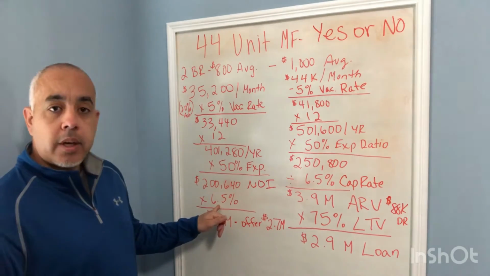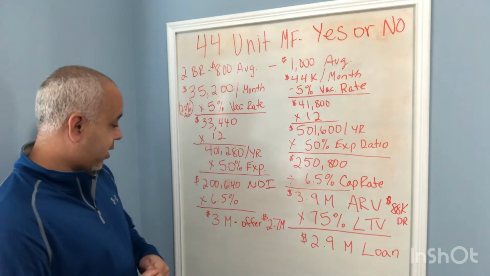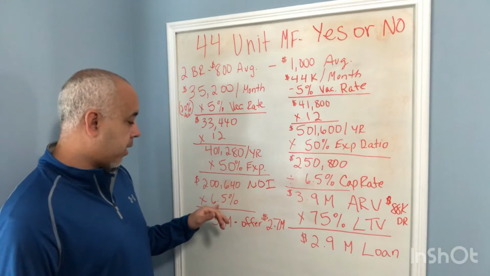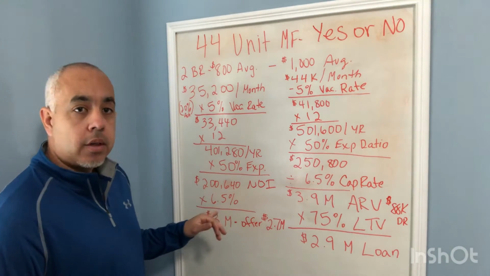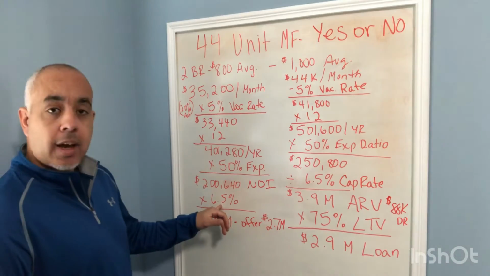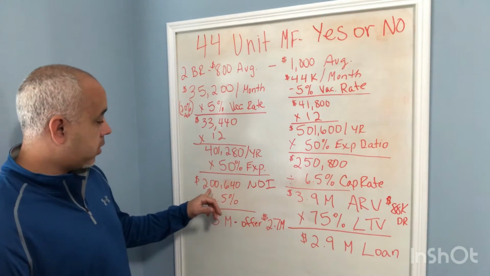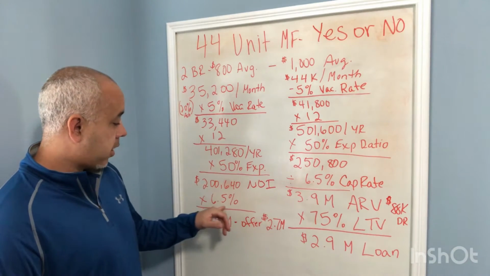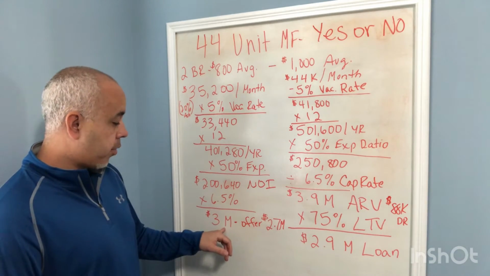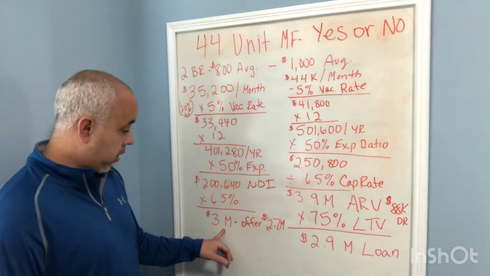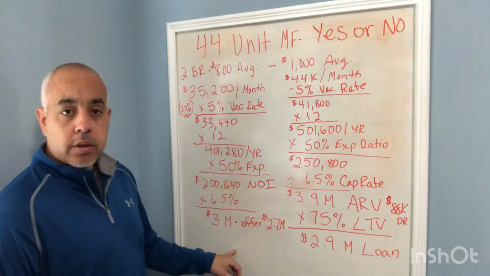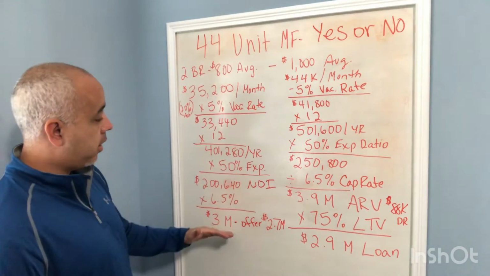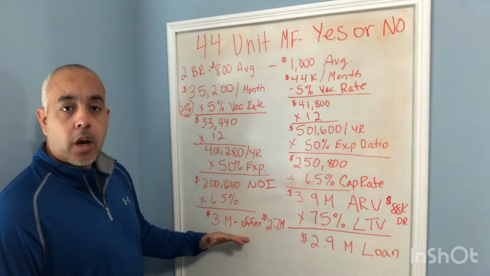The going cap rate in the area is between 6.25 and about 6.75. So what we did was take an average of the cap rate. $200,640 times 6.5% equals $3 million. This is the actual numbers of what the property is operating right now.